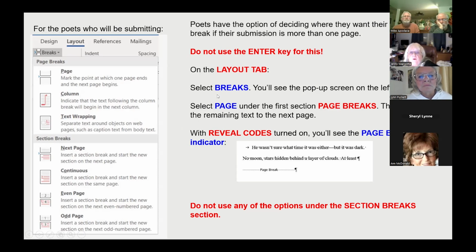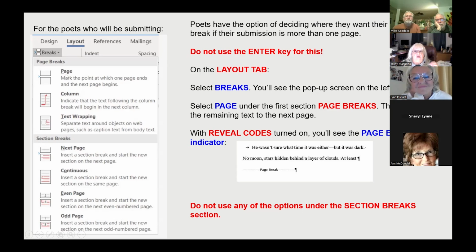It's up in the upper left-hand corner, Mike. You'll get this pop-up screen. I want you to choose page breaks, the first option for page. That'll manually force what's remaining of your poem, or the next page of your poem, to the next page.